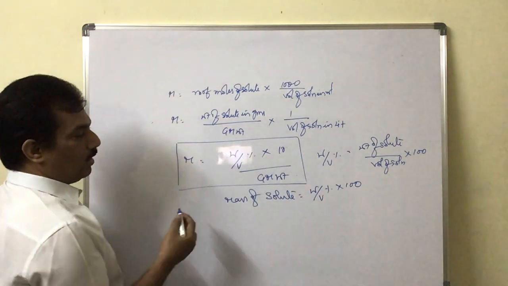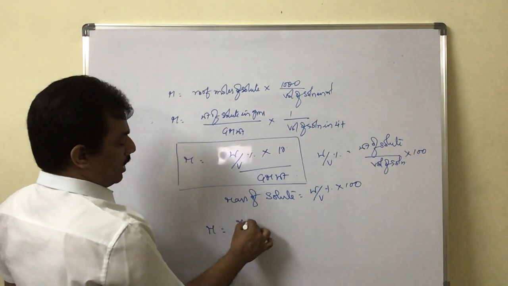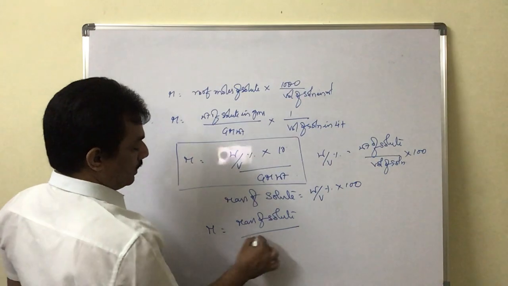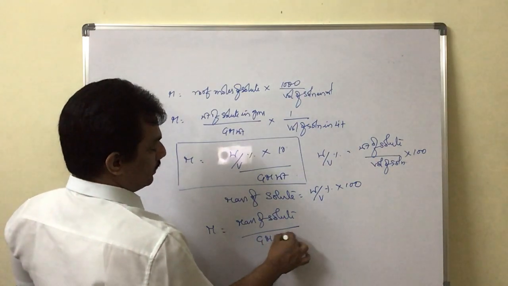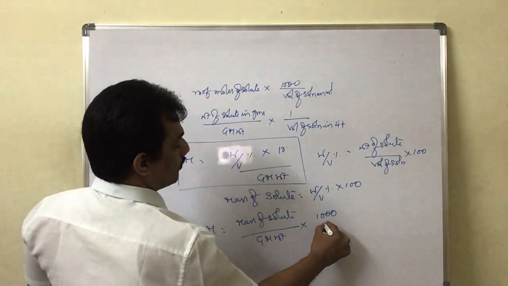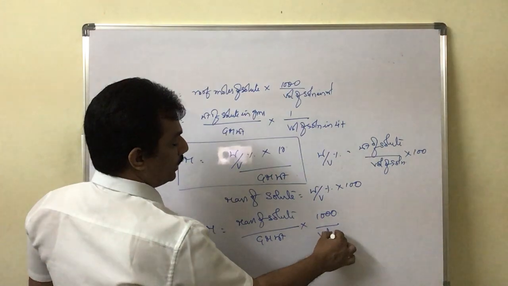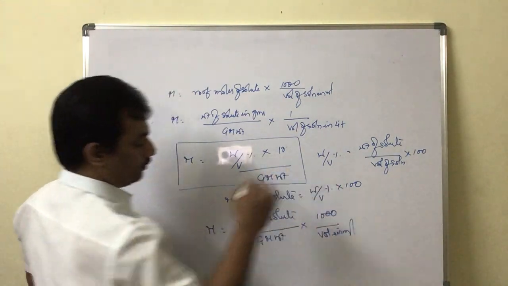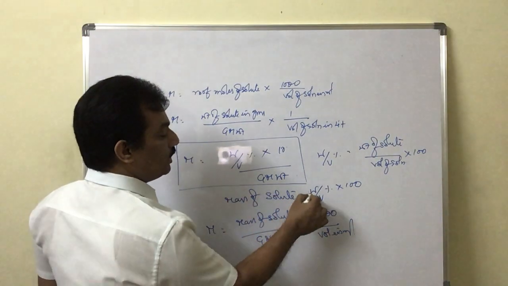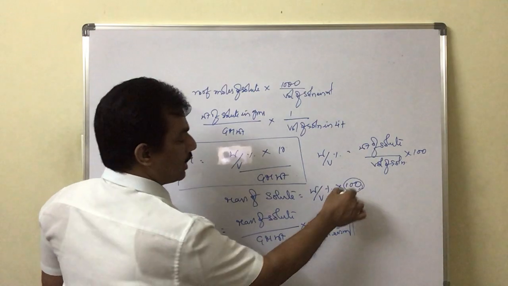This is the mass of solute. And now we have to calculate molarity. Molarity is nothing but mass of solute by gram molecular weight into 1000 by volume in ml. Here we are considering 100 ml.